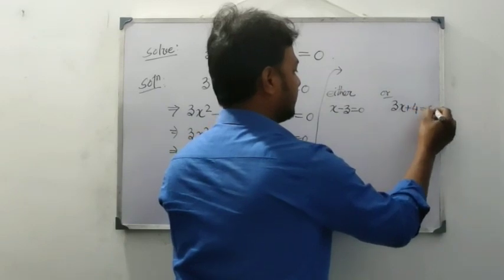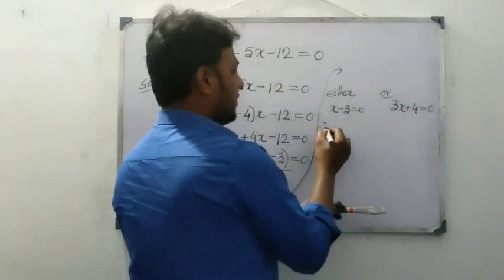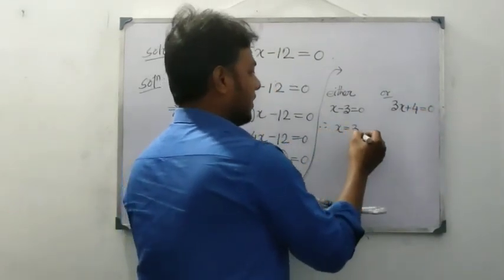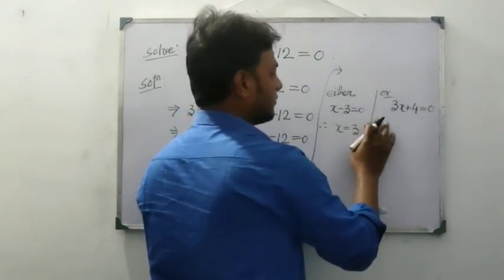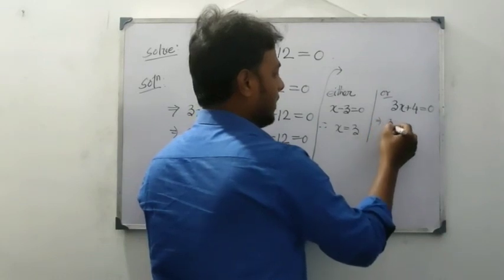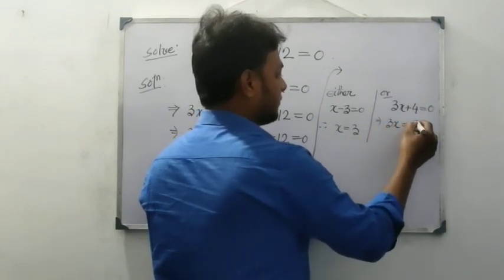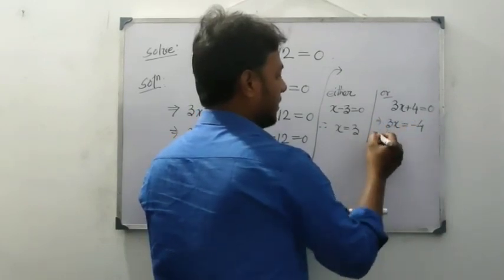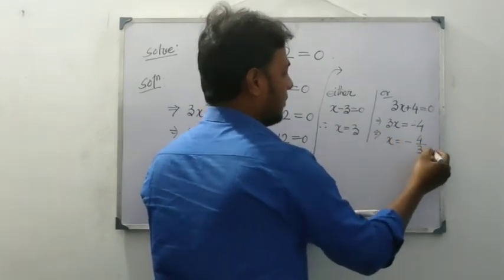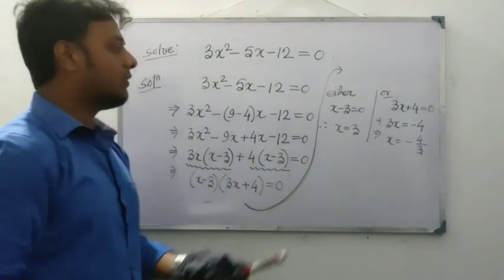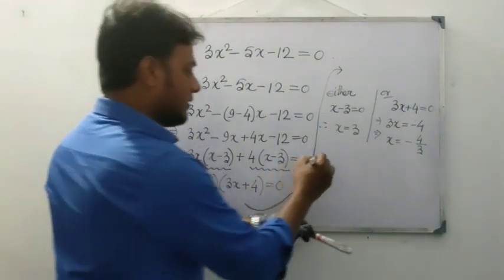Same process: the first one gives x equals 3, and the second one gives 3x equals minus 4, implies that x equals minus 4 by 3. So now we have two solutions, one answer is 3 and another one is minus 4 by 3.